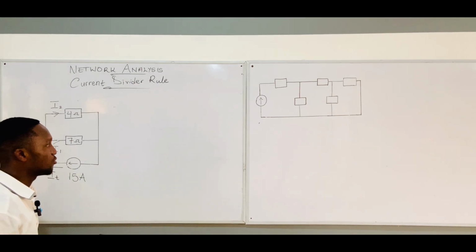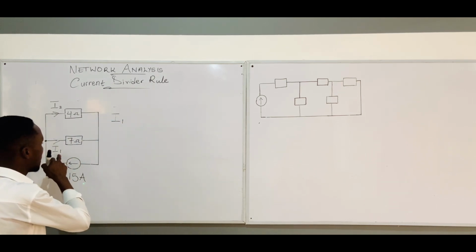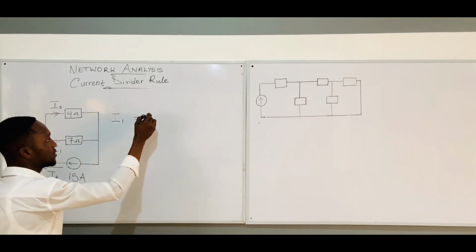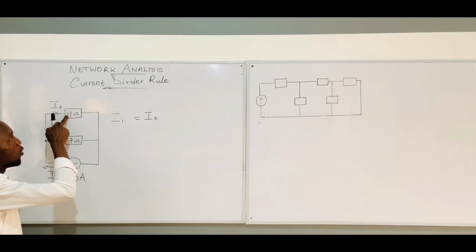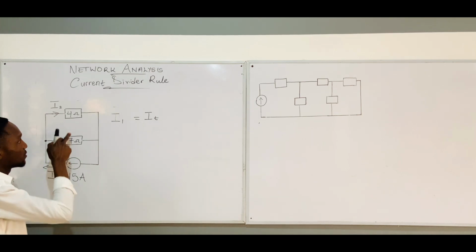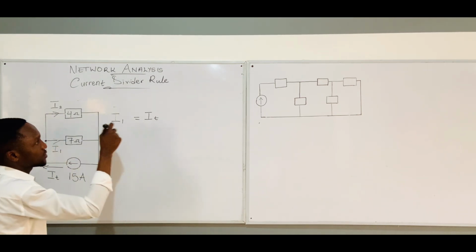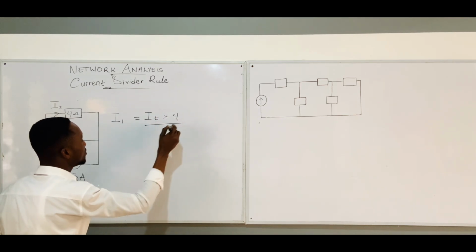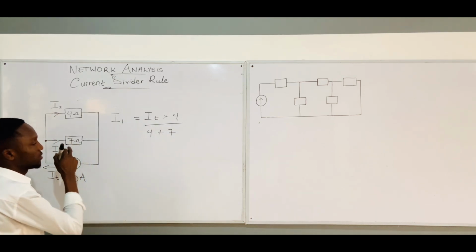From the current divider rule, we learned that I1, the one I am looking for, should be equal to the total current, IT, multiplied by the opposite resistor, not this one, the one that is opposite to this. Now the opposite resistor is 4. Divide the result by 4 plus 7.